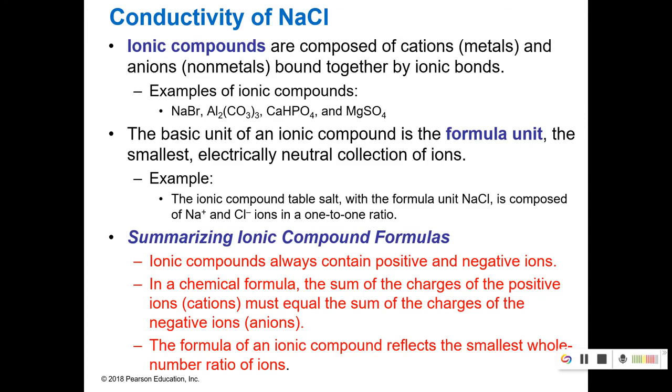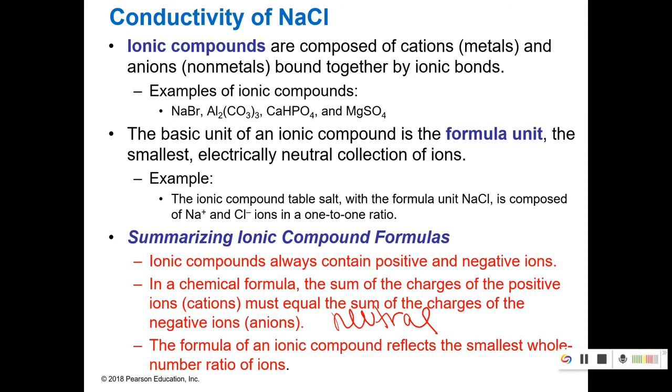Okay, so just to summarize, ionic compounds are always going to contain those negative and positive charges. The sum of those must be neutral. I know it doesn't say that. It says the sum of the positive must equal the sum of the negative, so it is neutral, but it doesn't specifically say that.